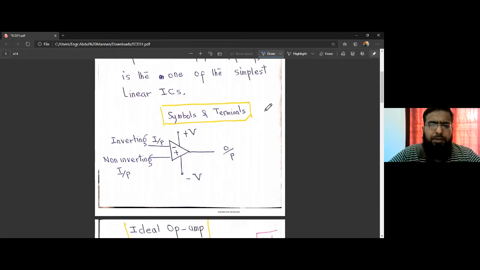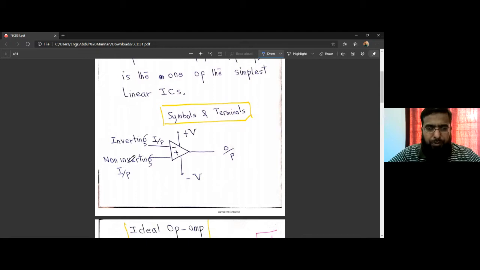Right, the symbols and terminals: this is the symbol. We have a negative terminal and a positive terminal. The negative input terminal, we call it inverting input. The positive one, we call it non-inverting input. So here we apply input.